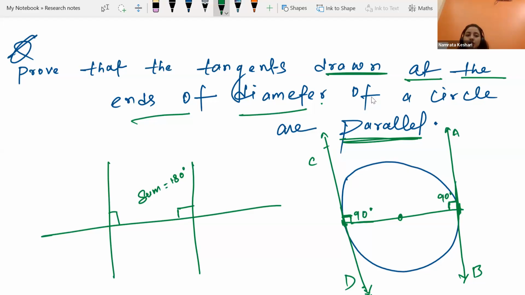Either you can use co-interior angles or you can say that this is 90 and this is also 90, so alternate interior angles are the same, and hence these two lines must be parallel with each other. Am I making sense to all of you? Whatever reason you give, easily you will be able to say these two are parallel with each other.